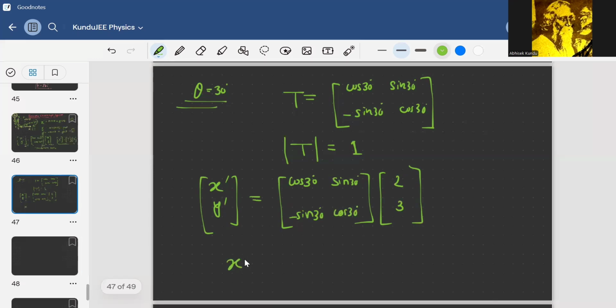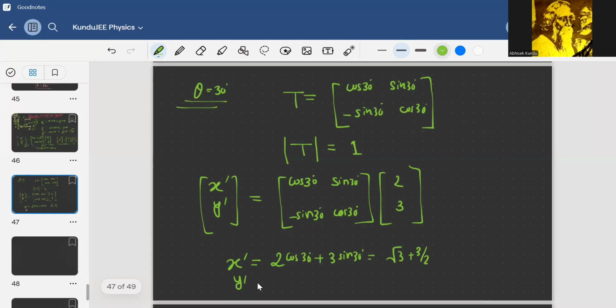So x dash value is going to be 2 cos 30 plus 3 sin 30. That is 2 cos 30 is root 3, 3 sin 30 is 3 by 2.